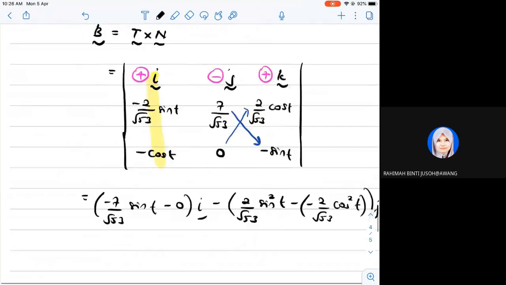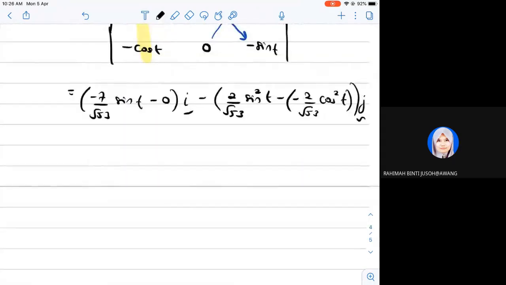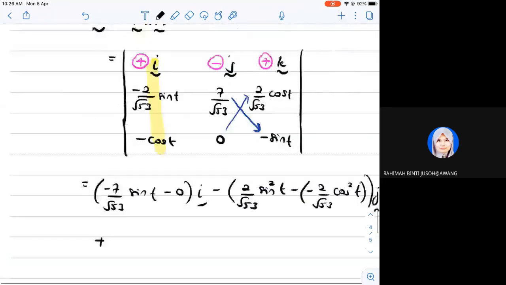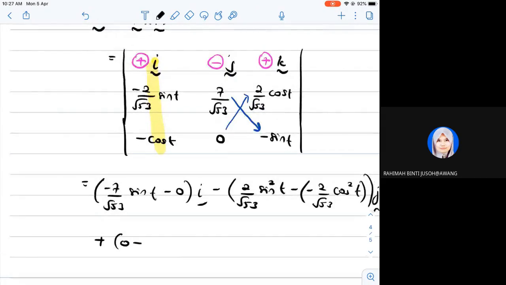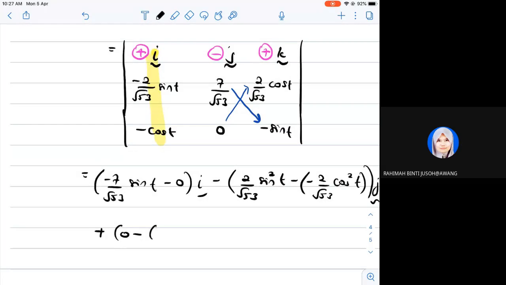Sorry. For your J and then plus for K, close the third column. So you are closing the first and second column, it becomes 0. 0 minus, we will have negative 7 over square root 53 cos t.